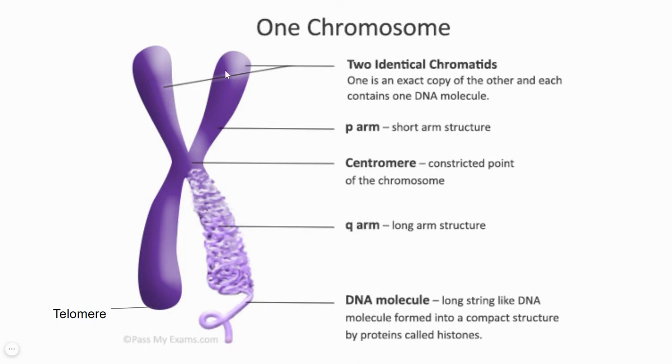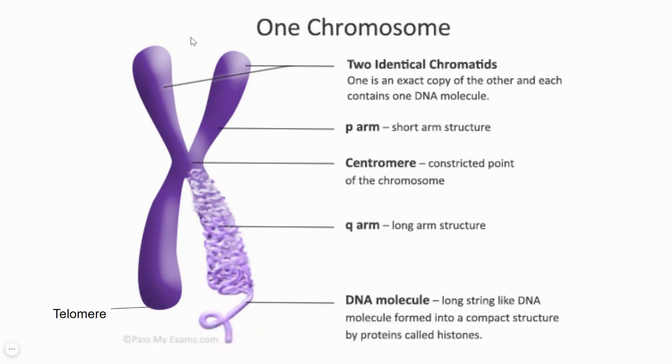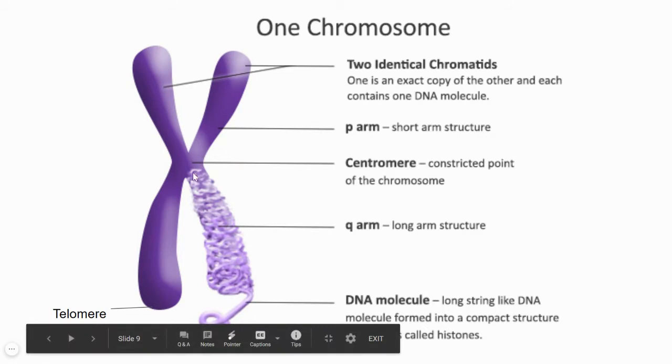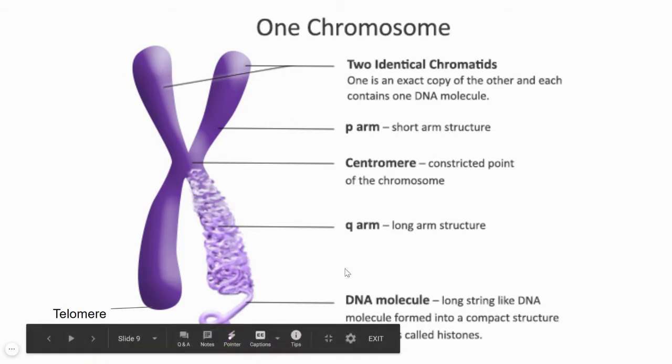The short arm of the chromosome is called the P arm and the long arm is called the Q arm. The region where both the chromatids join is called the centromere, and the whole chromosome is nothing but DNA tightly wrapped around histone proteins into chromatins, and then chromatins wrapping and supercoiling on themselves to form this thick structure of chromosome. The ends of each arm are called the telomere, and we will soon learn about them a little more.